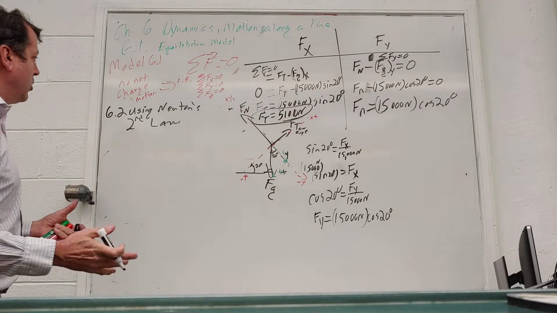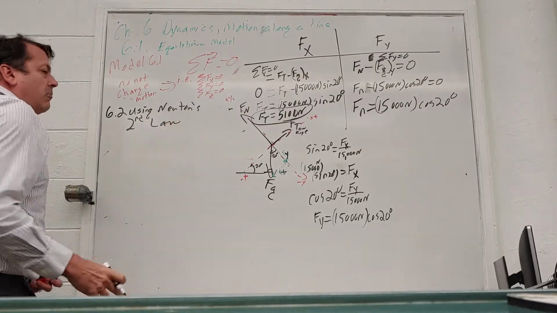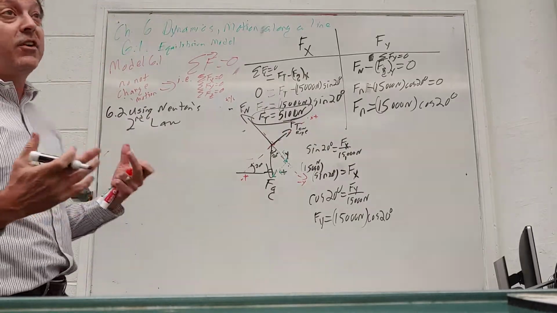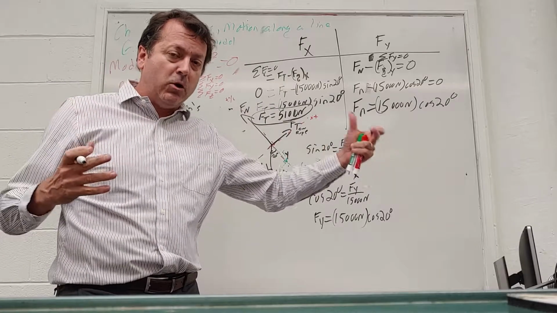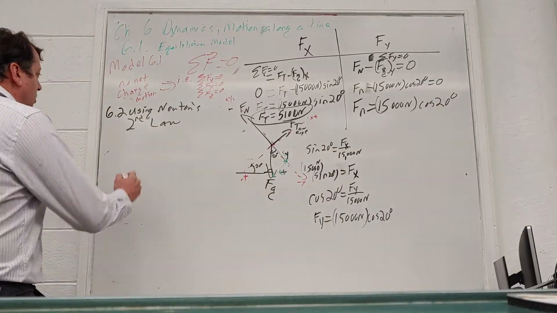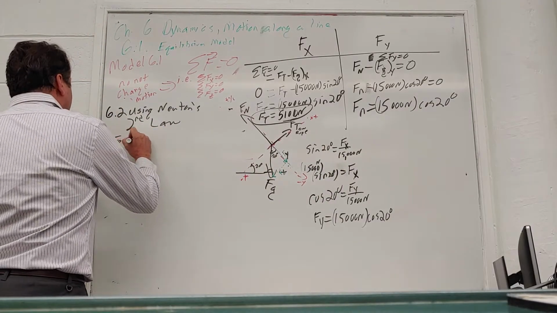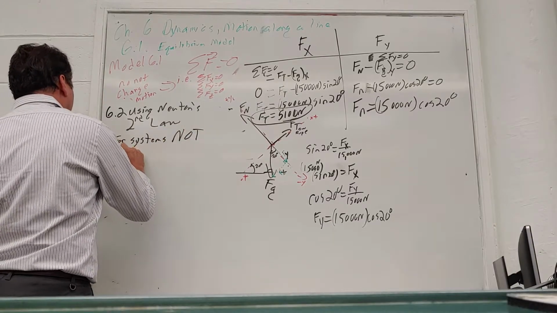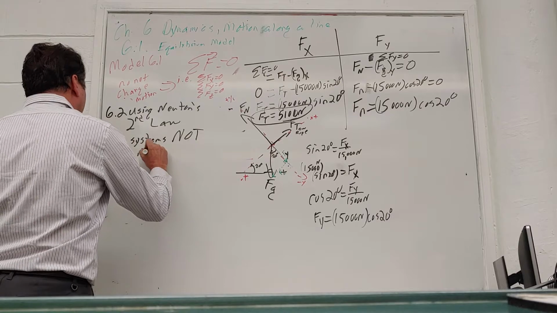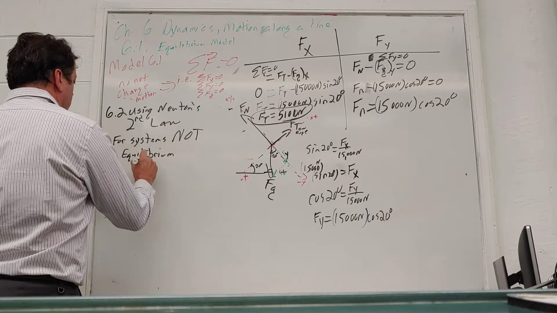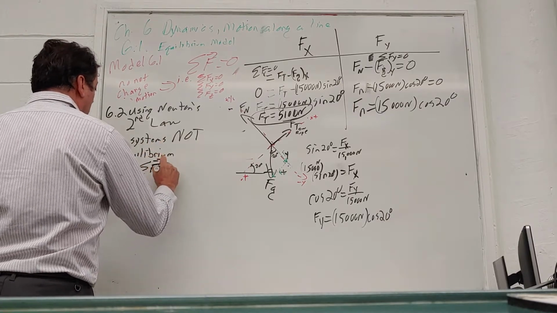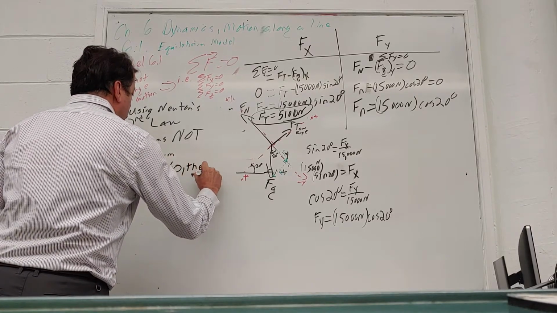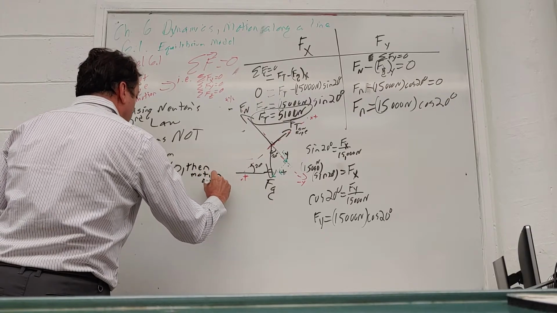And if it's causing something to move, what relates forces and motion? We've only studied one thing. And I said it is fundamental, and it is, to relating forces and motion. That is Newton's second law. So, for systems not in equilibrium, the sum of the forces is not equal to 0, then motion occurs.